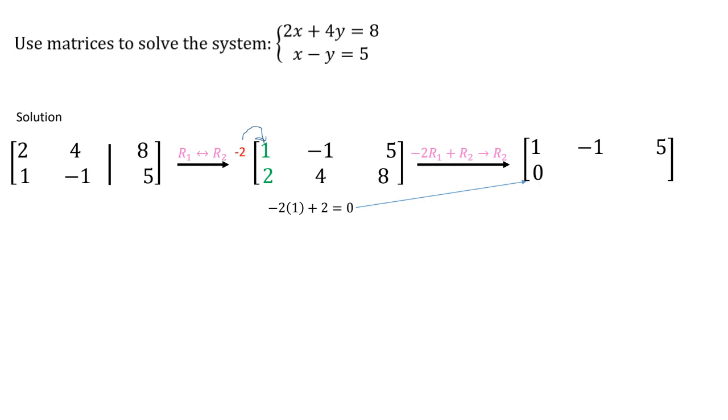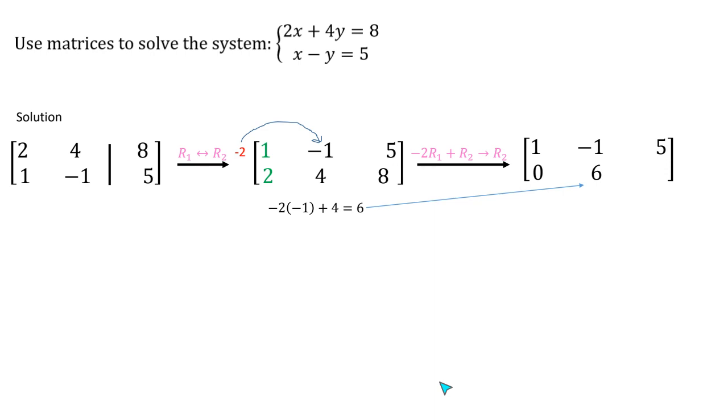Now I'm showing my work. I'm going to multiply -2 to row 1. So -2 times 1, and plus 2 is 0, is the one that I wanted there, right? Let's do the second one. I'm going to multiply a -2 to the -1. It's going to give me a positive 2. I'm going to add it to the 4. That's going to give me 6.